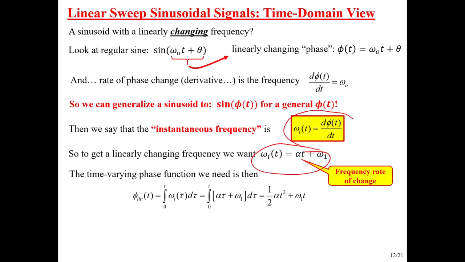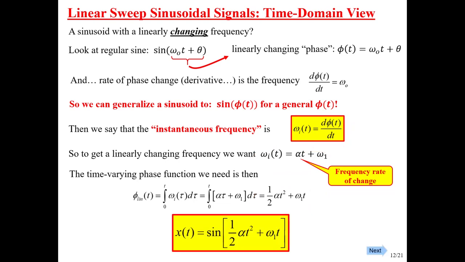I need to undo this to get back to the phi. So if derivative takes me from phi to omega, integration is going to take me from omega to phi. So I just integrate that thing and we do calc 1 kind of thing. So the phase has to change according to a very specific quadratic expression.